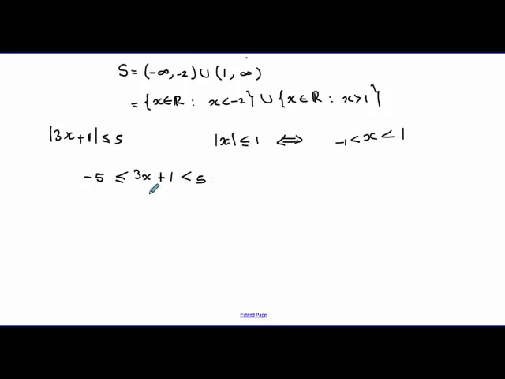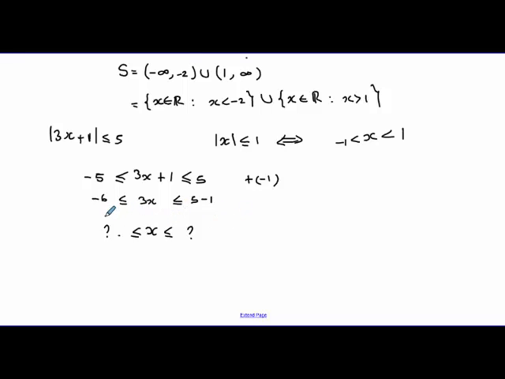So what we'd now want is for this inequality to govern x. In other words, we need to be left with x there, less or equal to some number and greater or equal to some number here. Then we just simply add -1 to the three terms in this inequality. Then we get -6 less or equals to 3x, because here we're going to get 3x plus 0, and in this here we get 5 minus 1, which is 4.